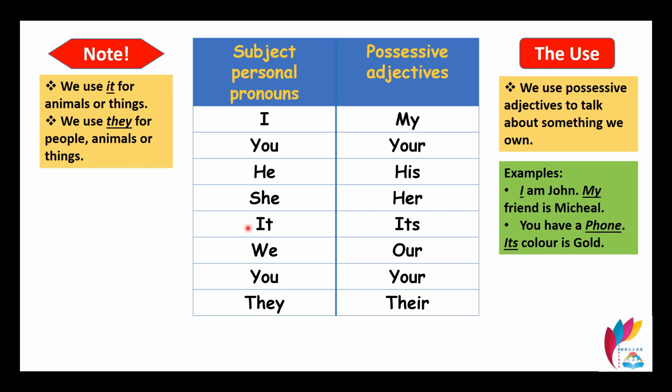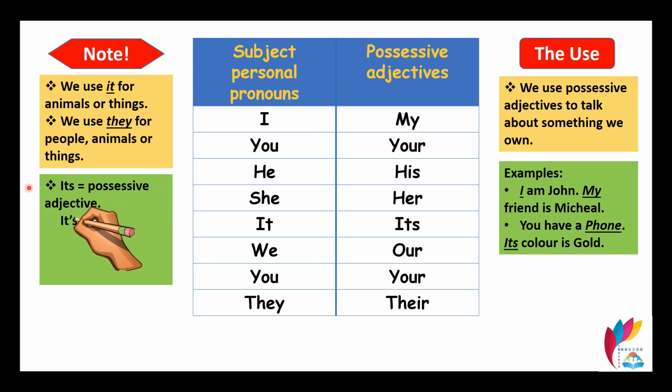If we have just one cat or one dog, it. If we have more than one, for example two cats, two dogs, two phones or two laptops, it's "they," okay? We refer to "they," not "it." So "it" is for the singular, and "they" we can use for the plural of animals, people, and things.